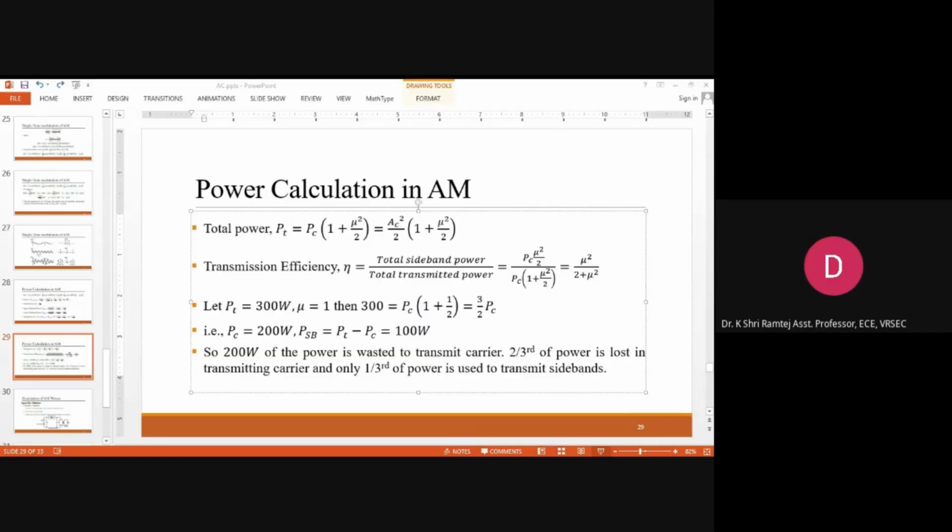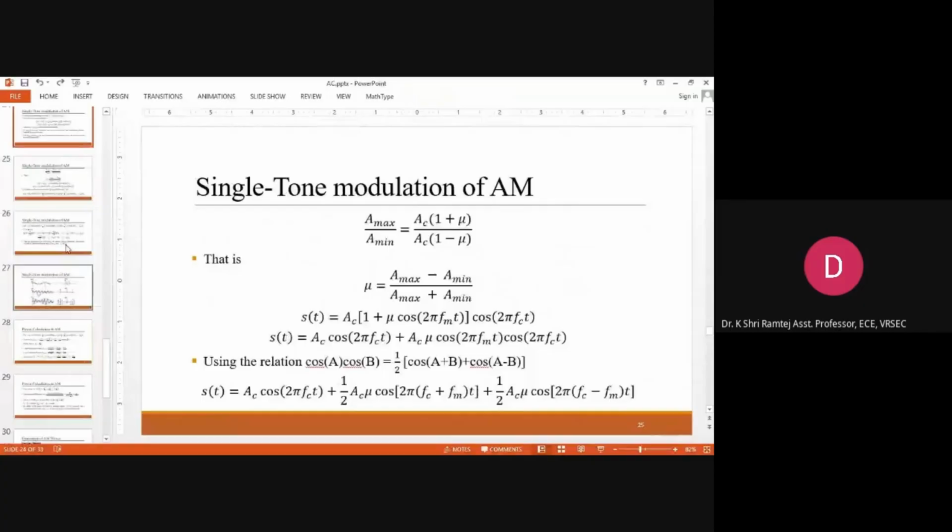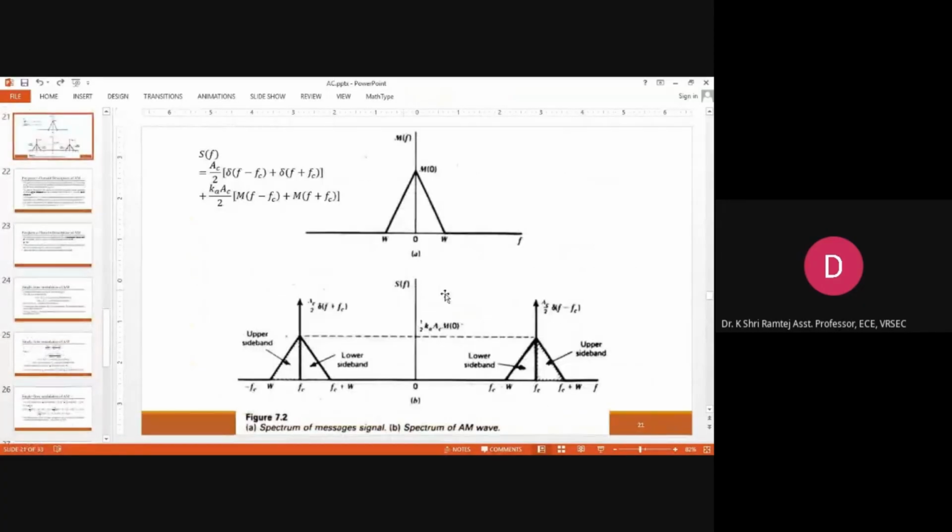We know that the information is present only in the upper sideband and lower sideband. If we observe the figure here, the message signal is present only in the upper sideband and lower sideband, but there is no information present in the carrier waveform.